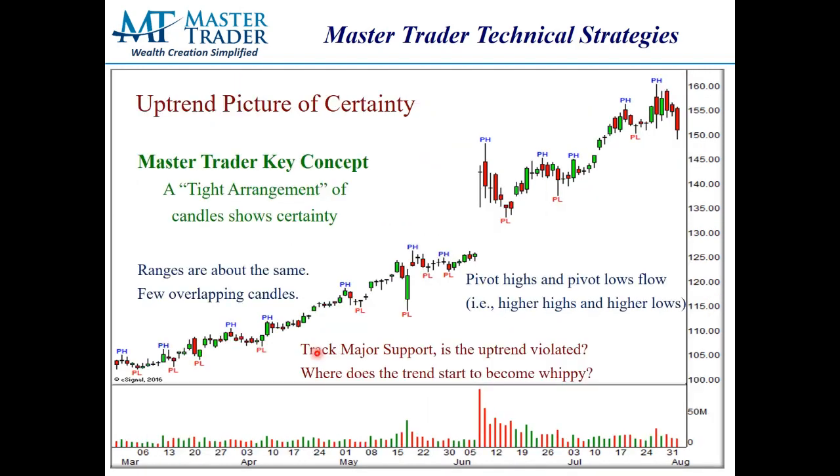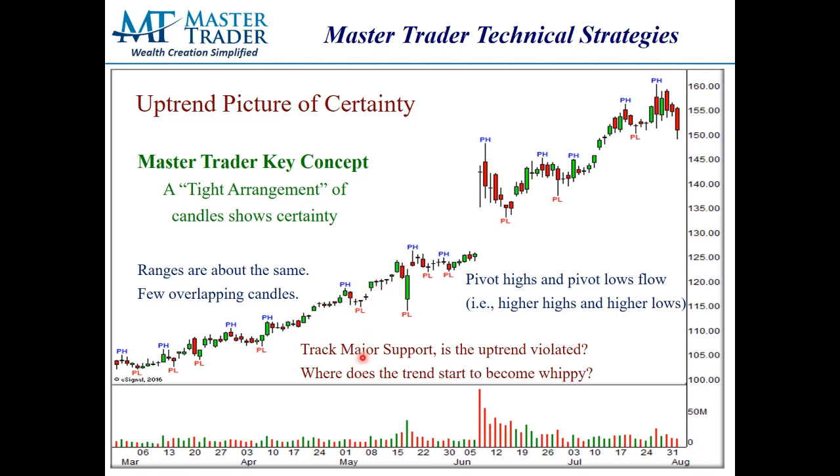So here we have a picture of certainty, I should say, in an uptrend. And we have a tight arrangement of candles that are shown. Notice the ranges are about the same, meaning the ranges in each of the individual candles are roughly about the same. Here we have a larger one, but you can see overall they're all pretty much about the same size. And that's a picture of certainty. And prices continue to trend in that direction.